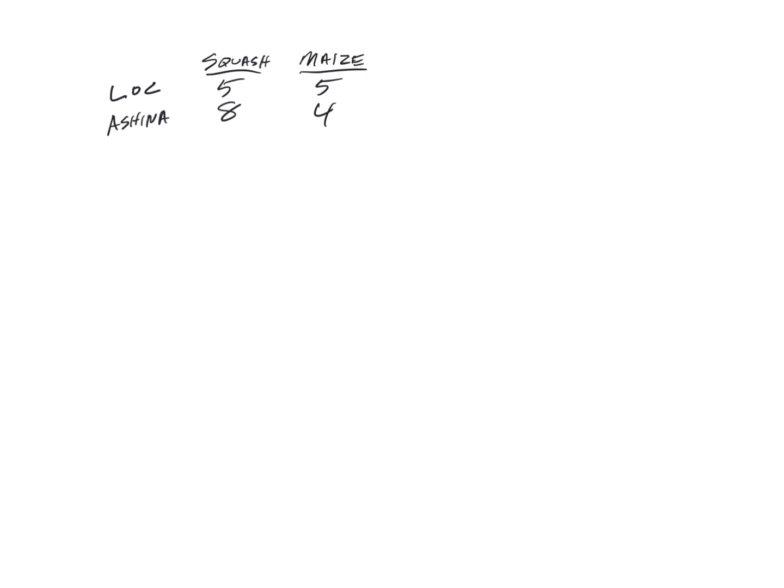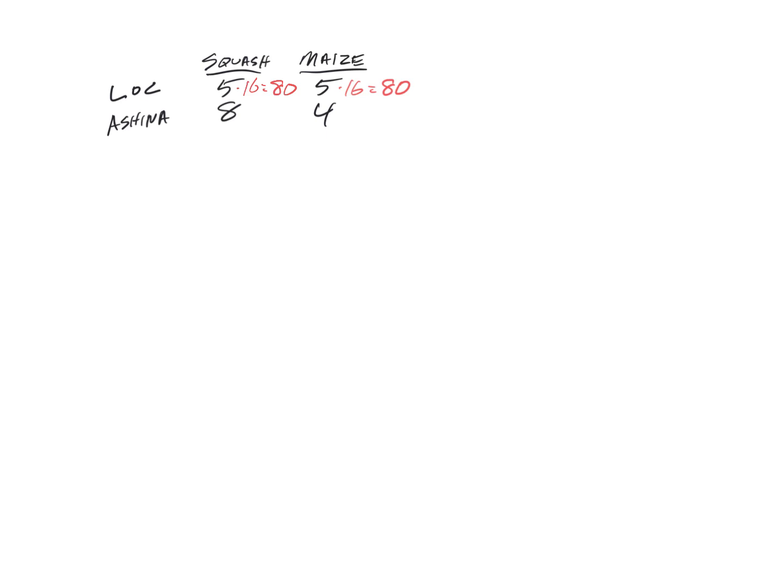So 5 pounds of squash per acre, and then 16 acres. You multiply that by 16, and that gives us 80. And the same here, times 16 equals 80. So those are the numbers we're going to use on our production possibilities curves.